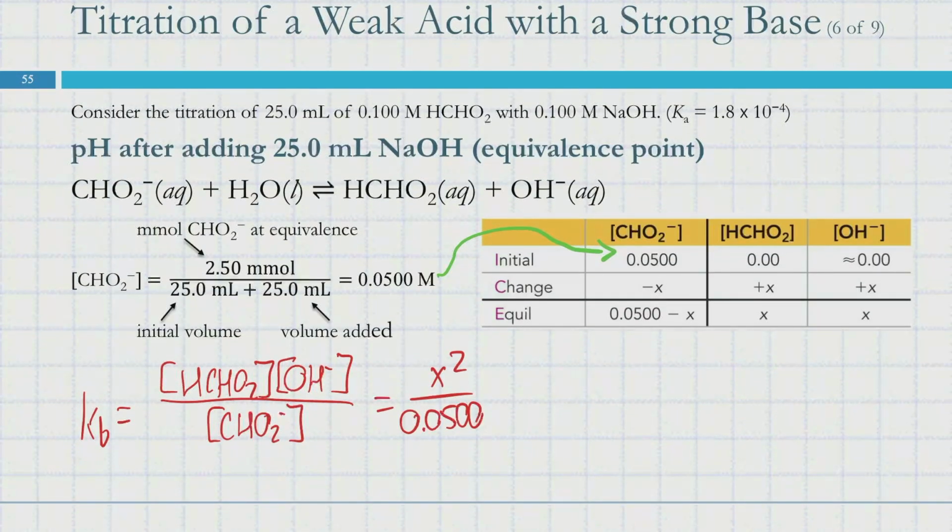And now that we've flipped our equation, this is a weak base. So we need the Kb. And that's why I've written down here in red, Kb is going to be the HCHO2 concentration times the hydroxide concentration over our conjugate base or weak base concentration.